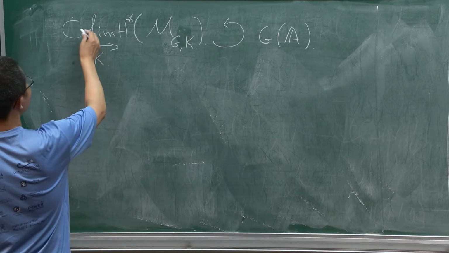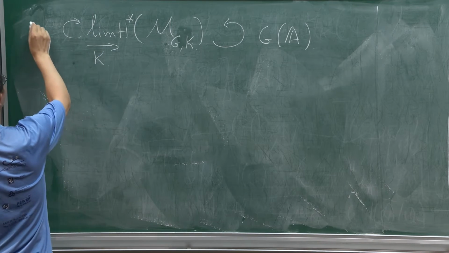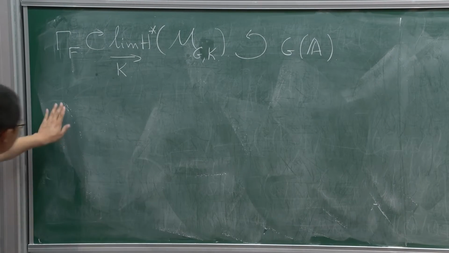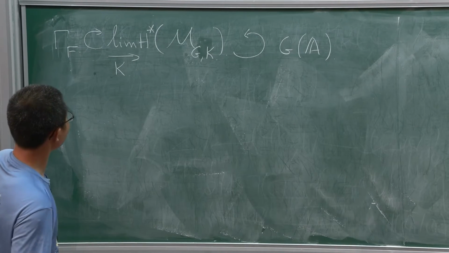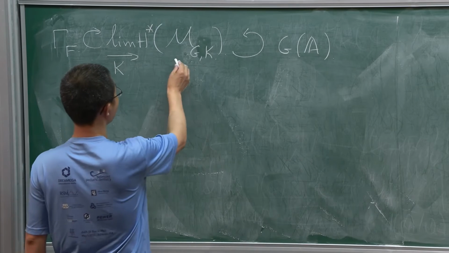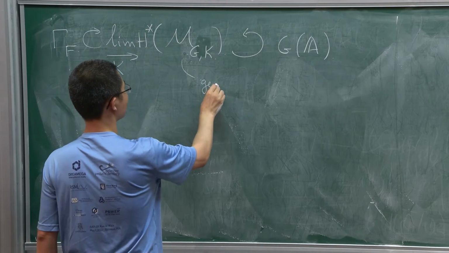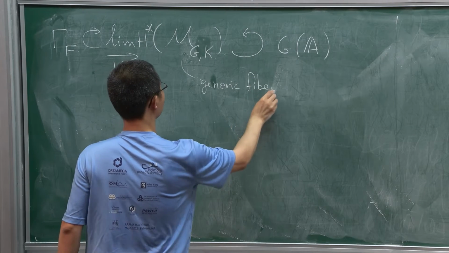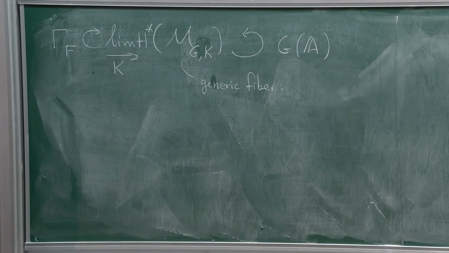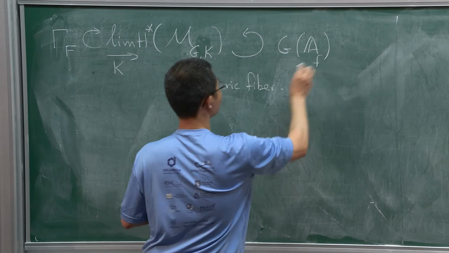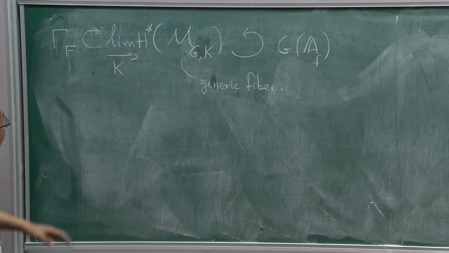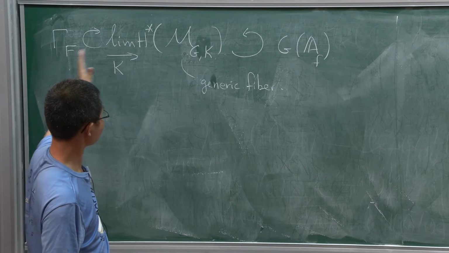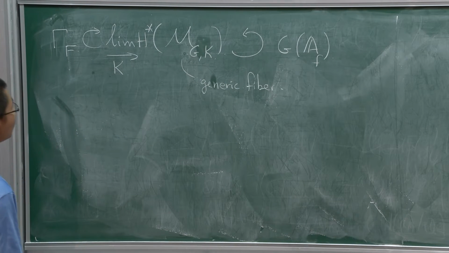On the other hand, it's a Galois action. Okay, so this cohomology means the geometric generic fiber. So in the Shimura variety case, or in the case of moduli of Shtukas with one leg, this is completely parallel.